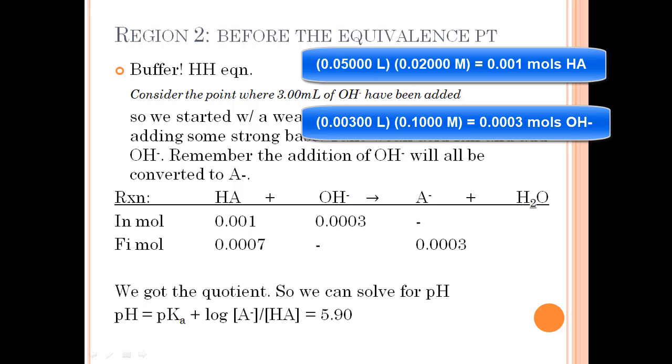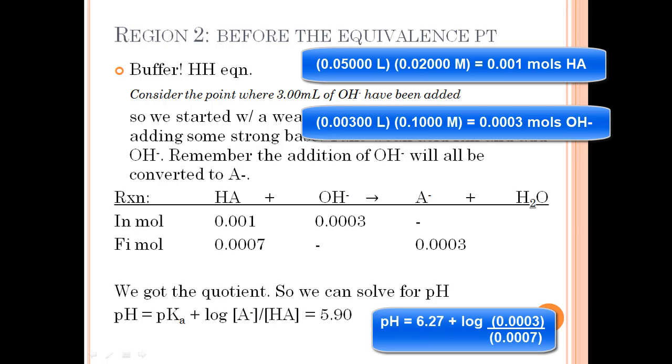So you have to subtract 0.0003 from 0.001, which gives you 0.0007. Finally, you're not going to have any OH minus left because it's all going to be consumed and turned into the weak base conjugate. We have our quotient that we can use to plug into the HH equation and find our pH.